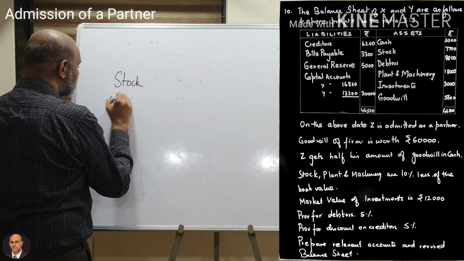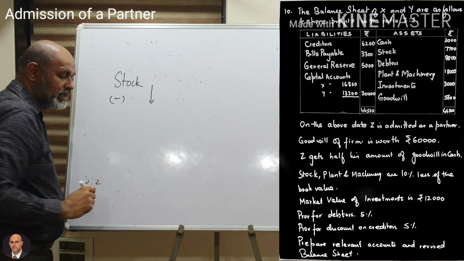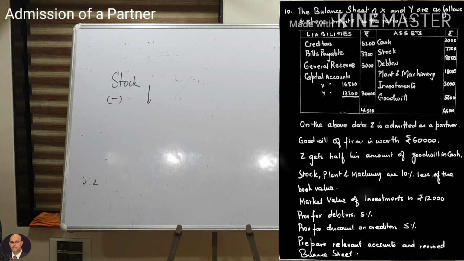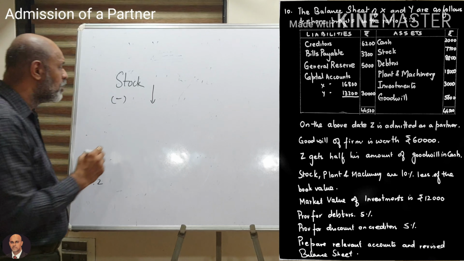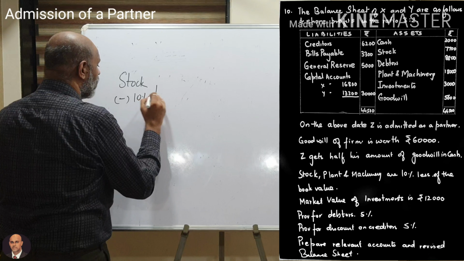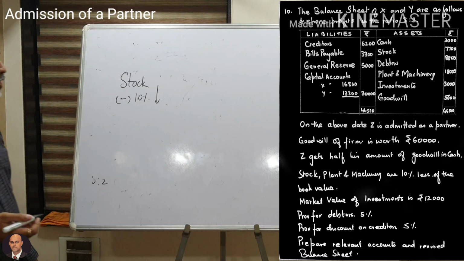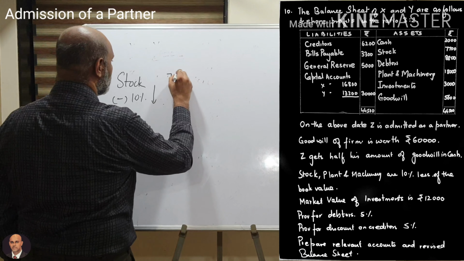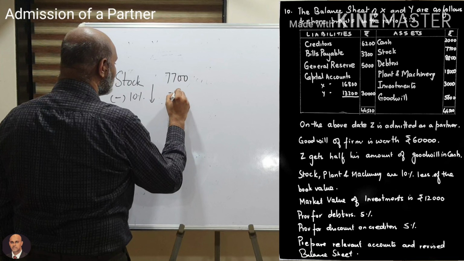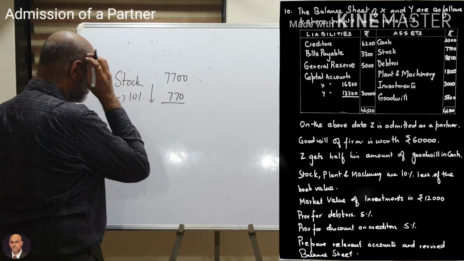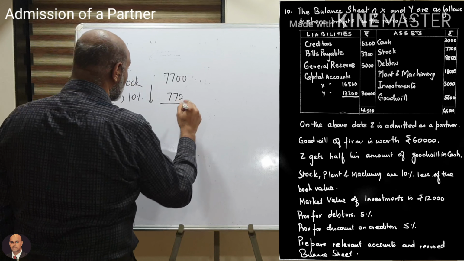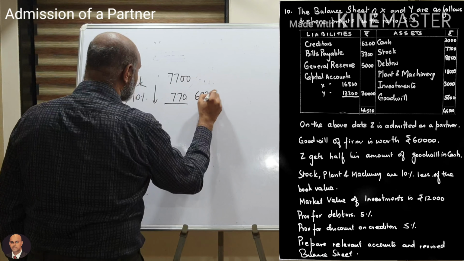The value of this is coming down by 10%. I'm taking the example of stock. The value of stock given in the sum is 7,700. So you minus 770 from that, that is 10%. So that will give you 6,930.